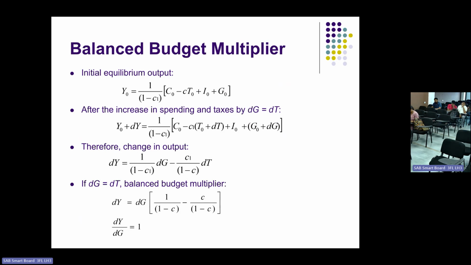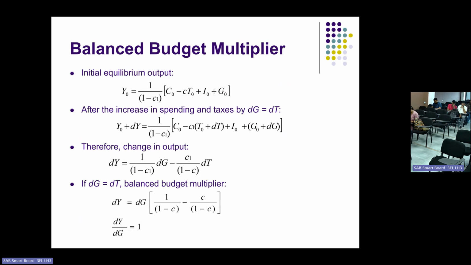If there is a 1 rupee increase in taxes and that was financed by raising government expenditure, the national income increases by 1 rupee. So delta Y over delta T equals 1, right?